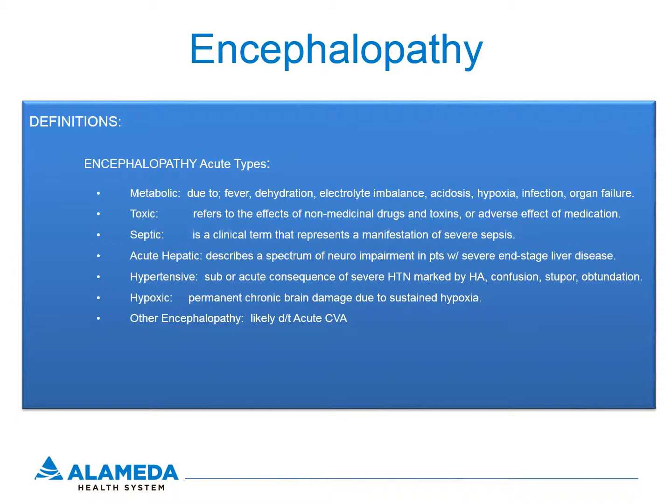There's metabolic. You all know this, but metabolic is due to things such as a fever, dehydration, electrolyte imbalance, acidosis, hypoxia, an infection, or organ failure. Toxic encephalopathy typically refers to the effects of a non-medicinal drug or a toxin, or the adverse effect of a medication.